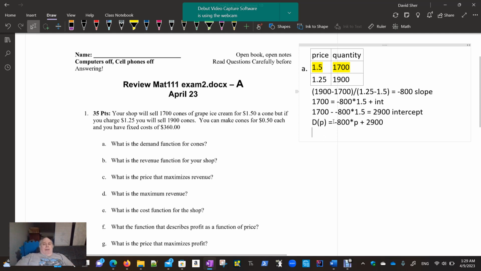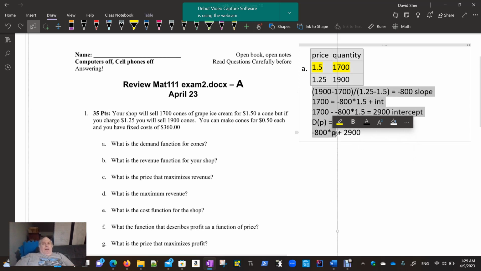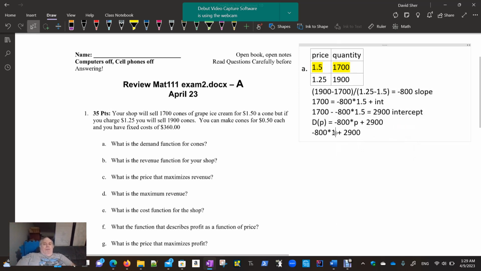I'm going to copy this formula, and for price, I'm going to put in the value 1.25, and that's going to give me 1900. So everything works, and that's part A.